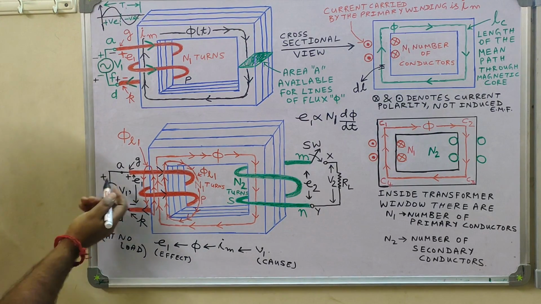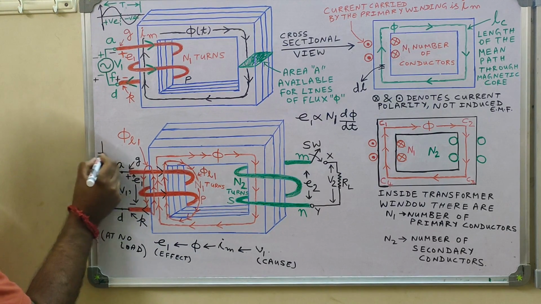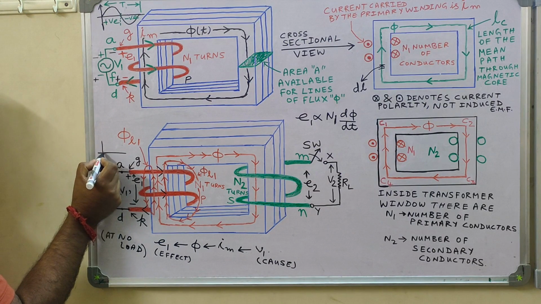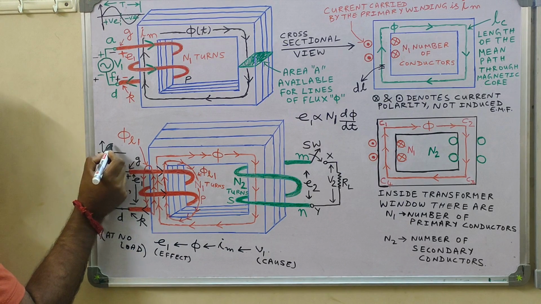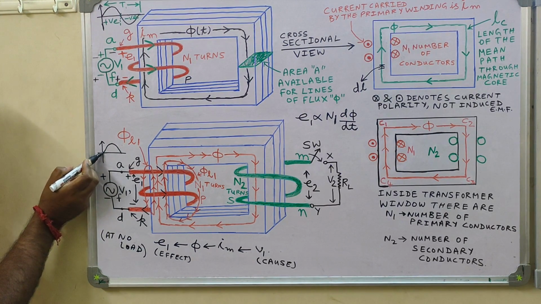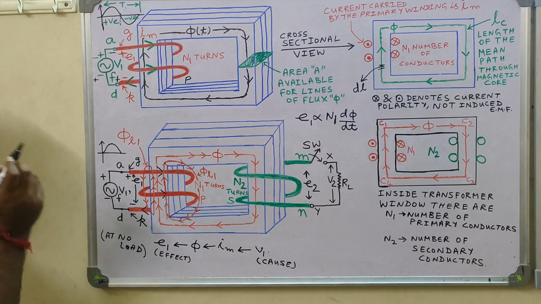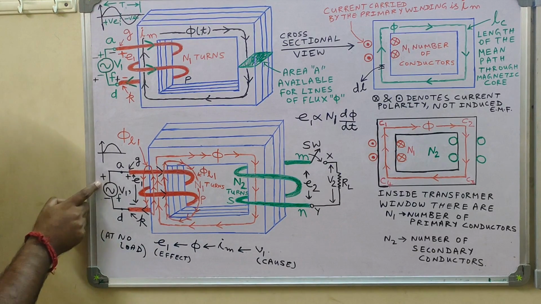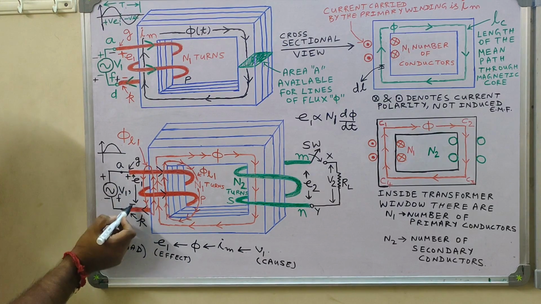We are assuming that at this particular instant the applied voltage V1 is rising from 0 and it is positive. So that's why we have put a plus here and minus here. If this V1 has to be opposed by E1, then obviously E1 should have plus here and minus here.